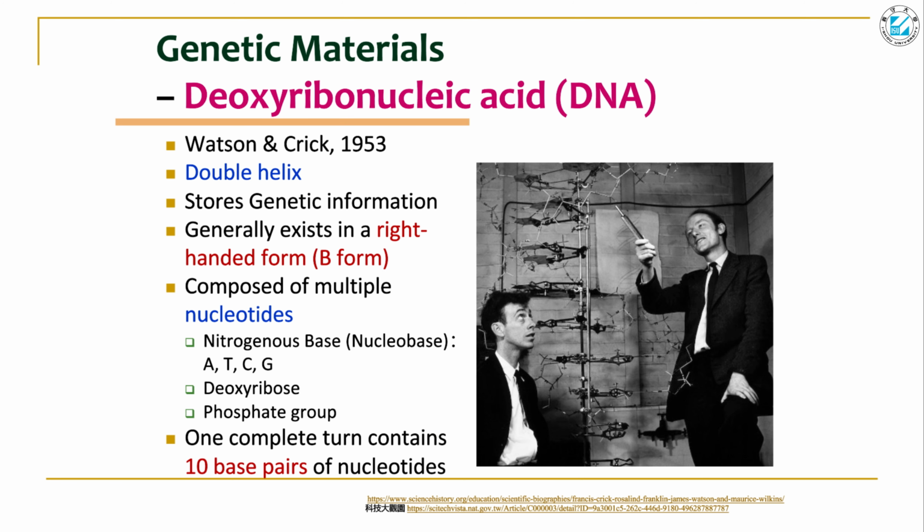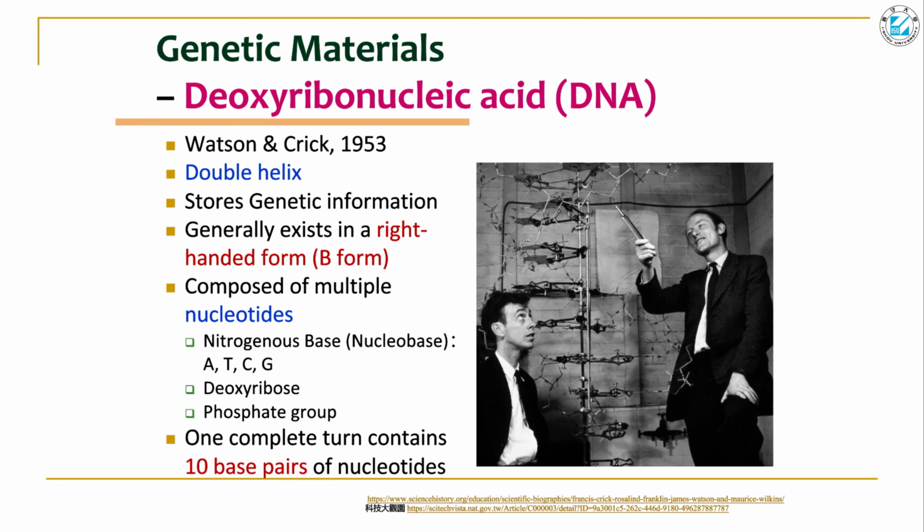Most DNA in our body exists in the B form. The B form is a right-handed helix. Now, use your hand. Point your thumb up and curl your fingers. The clockwise turn is the direction of life.